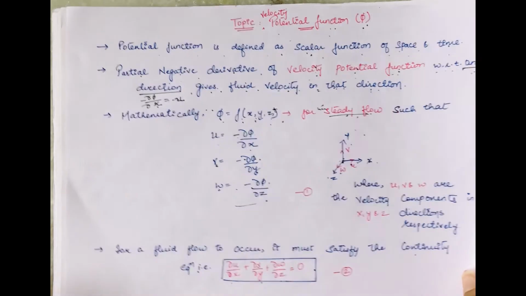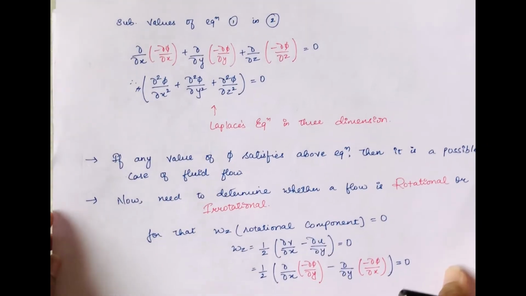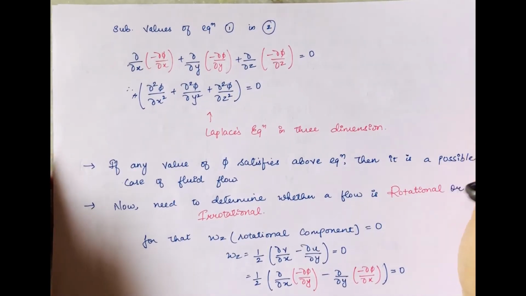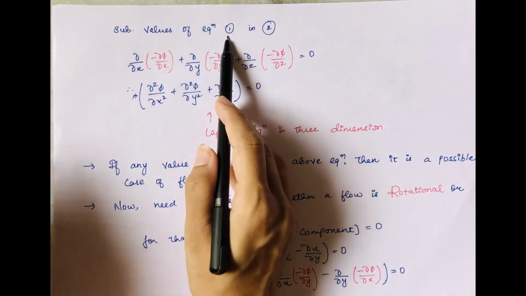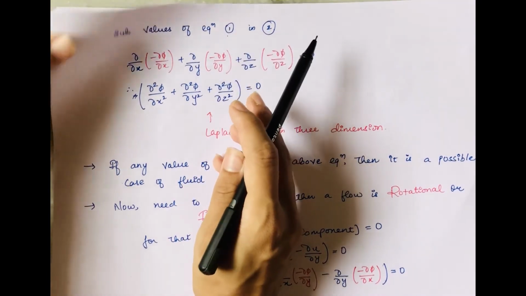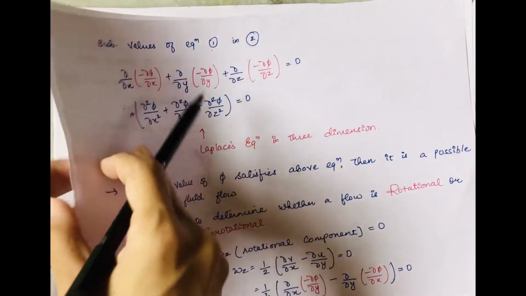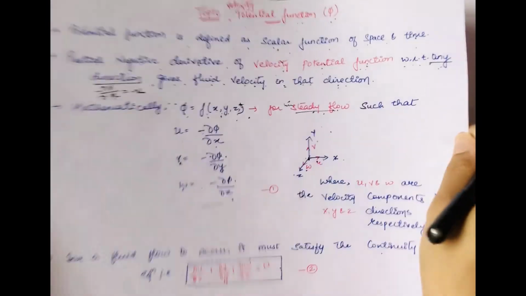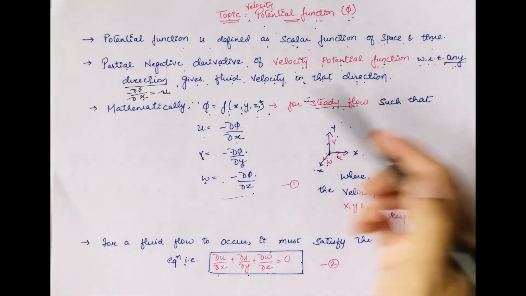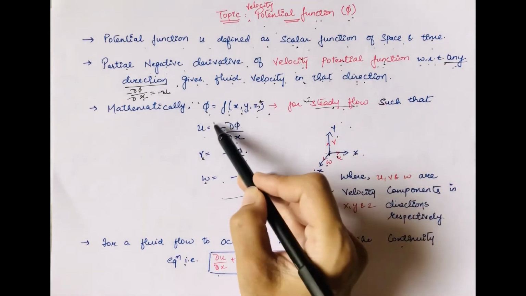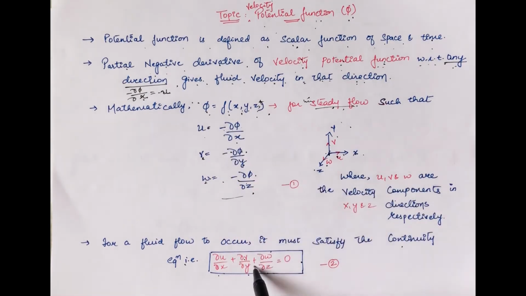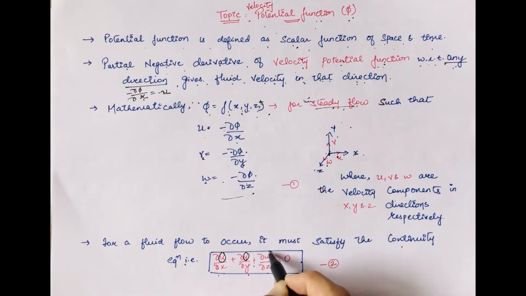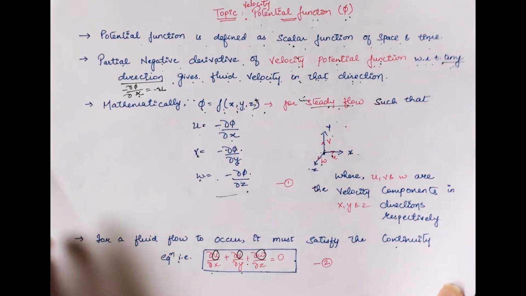Substituting the values of equation 1 in equation 2, these are the values of your equation 1. So, substituting the values of u, v and w in this equation, in place of this u, this v and this w, we will get what?